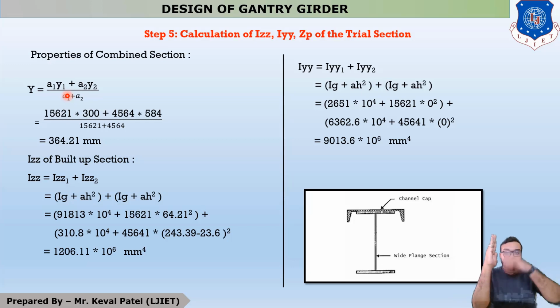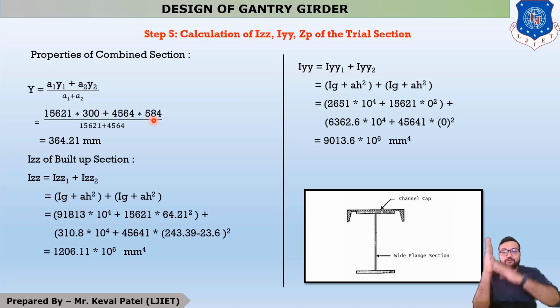If the total depth of the section is 600 mm, then cutting from the center, the distance from our origin is 300. It means this distance is 300, plus A2. A2 means area of our second member, which is the channel section. So our second member's area is 4564 into Y2, meaning its CG from the origin.